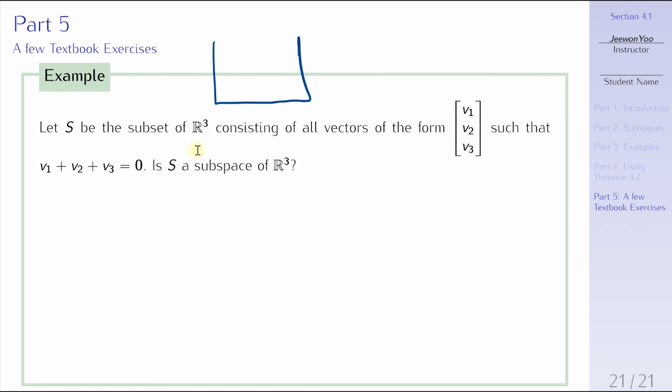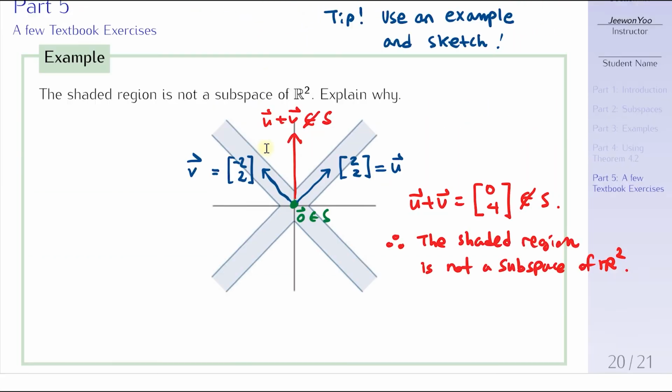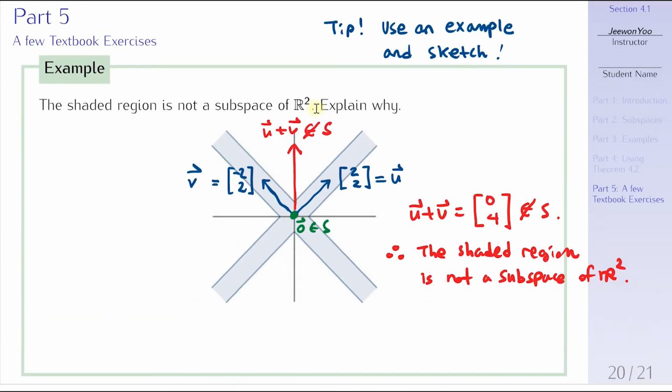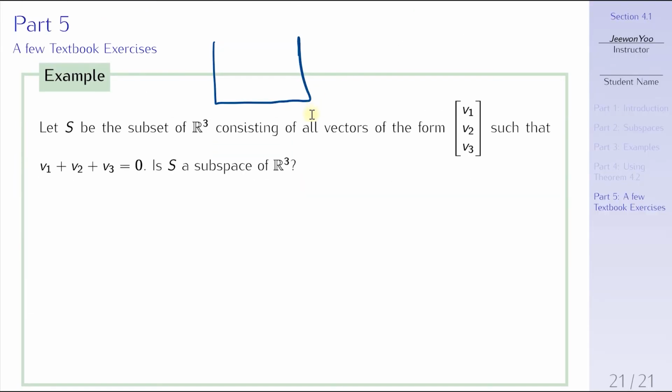This type of problem is different from the type where you can just take out a scalar a, scalar b, and get brand new vectors. The last question actually involves the entries v1, v2, v3, which satisfy the equation v1 plus v2 plus v3 equals 0.